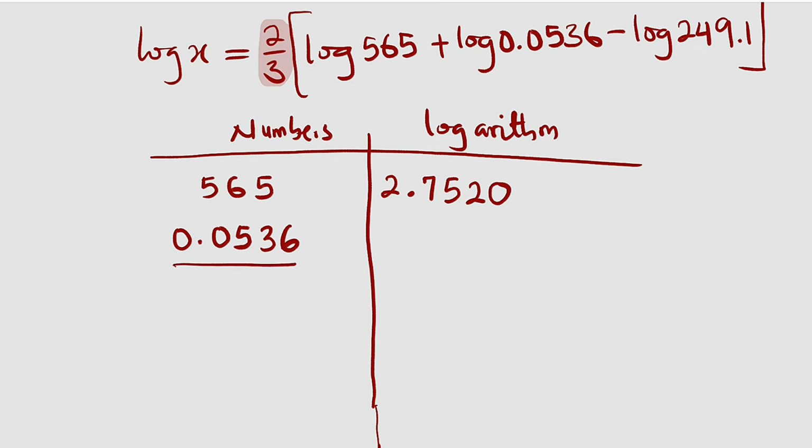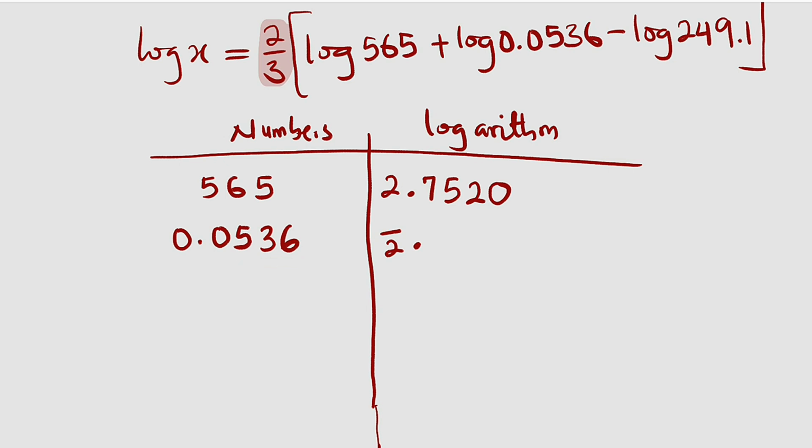Then moving on to the second number, we're going to pick up the characteristics first. We're going to move the point to after 5. So we have 1, 2. If you transform the number into standard form, the point will come after 5. So we have -2, but this -2 will be written as bar 2. Place your point. Take only these significant values, 5, 3, 6, and take the log.